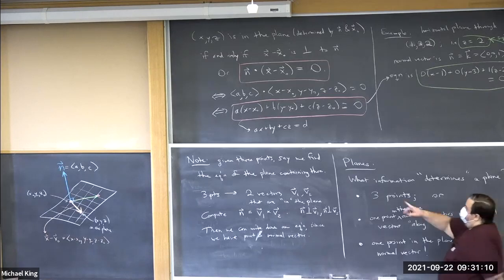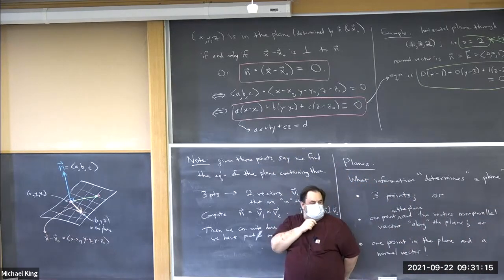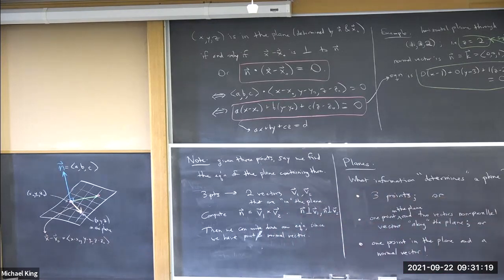If you have an equation of a plane in this form, you can write down the normal vector immediately. It's just the coefficients, A, B, C. So the book asks a bunch of questions like that, some of which I'll assign. But you can always recover some other normal vector. Anything else?